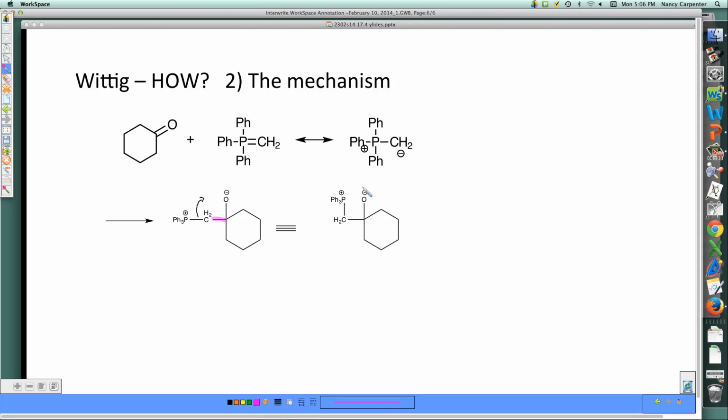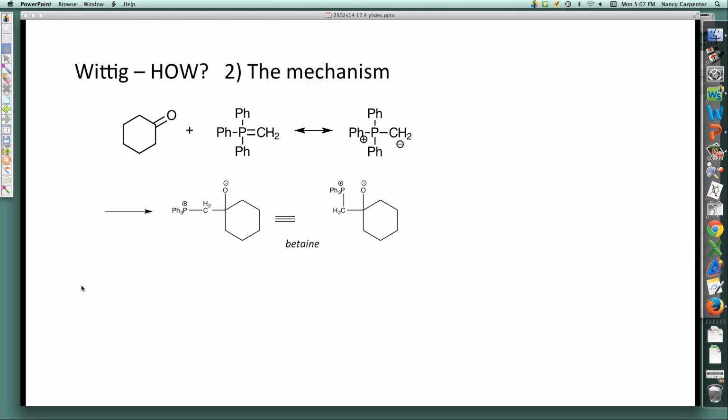I've got this nucleophile, and intramolecularly I have an electrophile. Remember, we can violate the octet rule as much as we want with phosphorus because it has d orbitals. So the oxyanion reacts rapidly with that phosphonium electrophile and gives you this thing.